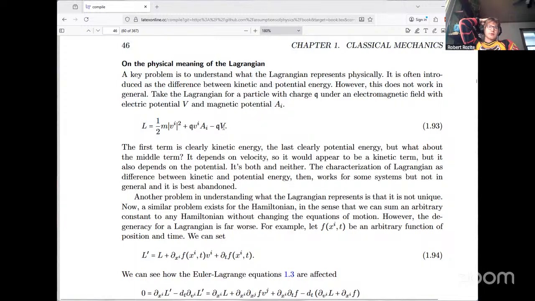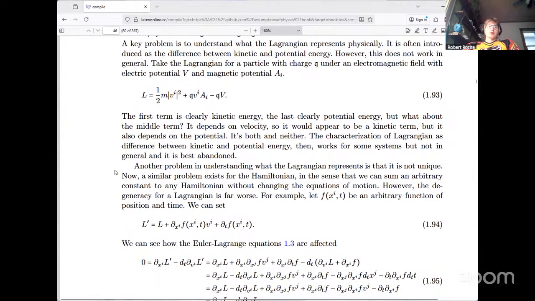But what about the middle term? It depends on velocity, so it would appear to be a kinetic term, but it also depends on the potential. It's both and neither. The characterization of the Lagrangian as the difference between kinetic and potential energy then works for some systems, but not in general, and it is best abandoned.